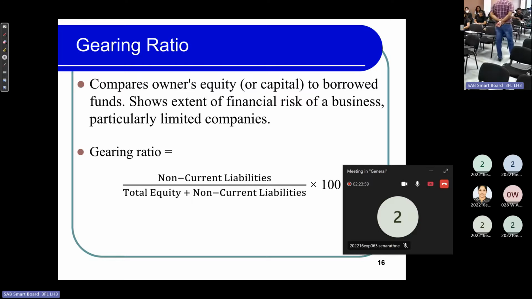You know what? Debt to equity ratio. Debt to equity. Debt is not the equity. Debt measure, equity measure.